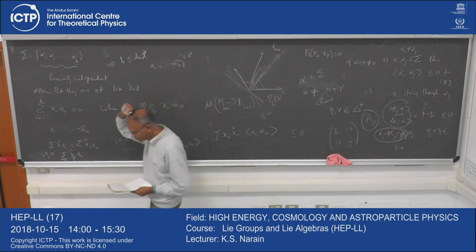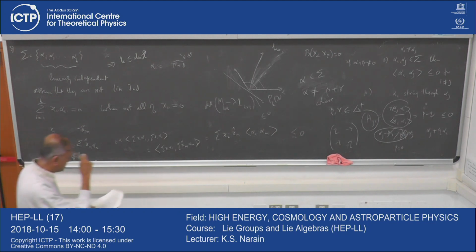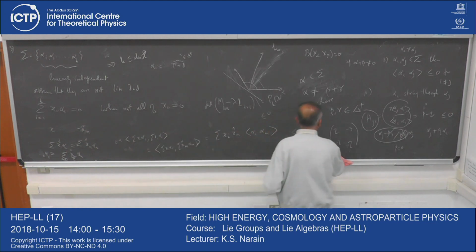For this, it is enough to prove that all the roots can be expressed as sums of simple roots. Because we already know all the roots span the root space. If I can show that you can obtain all the roots from the simple roots, then you have shown it. So that proof is the last statement.